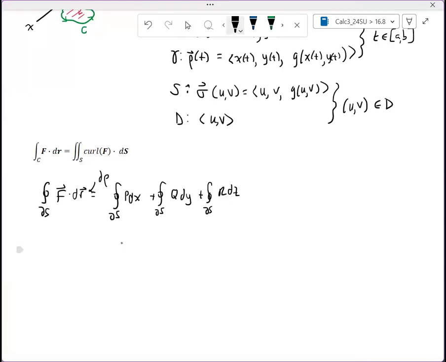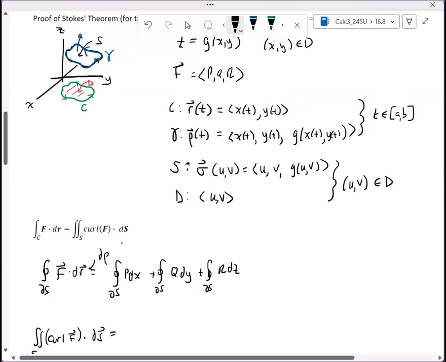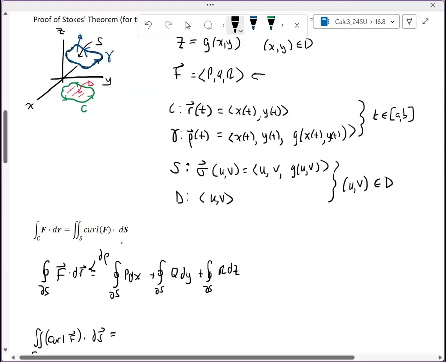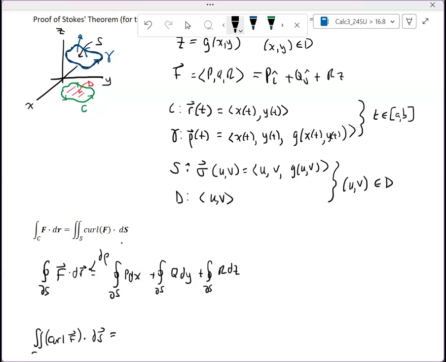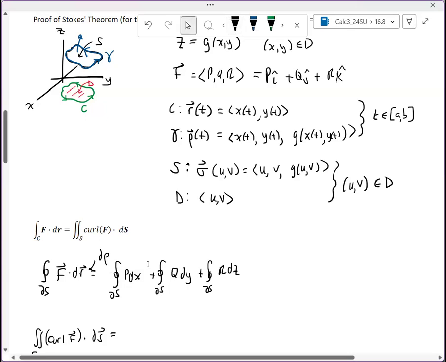And on the other hand, I can rewrite my right-hand side, the surface integral of curl F dot dS. Well, the curl of F, well, F I could rewrite as P i hat plus Q j hat plus R k hat.